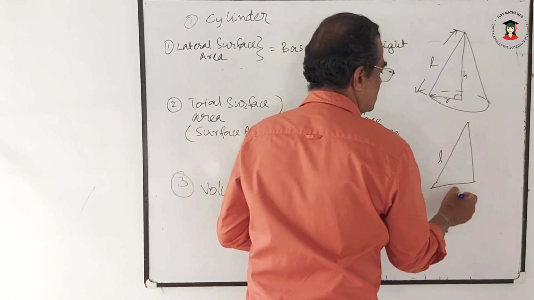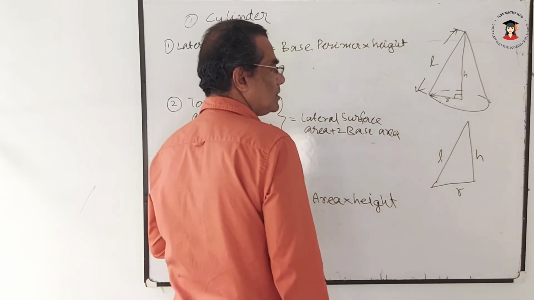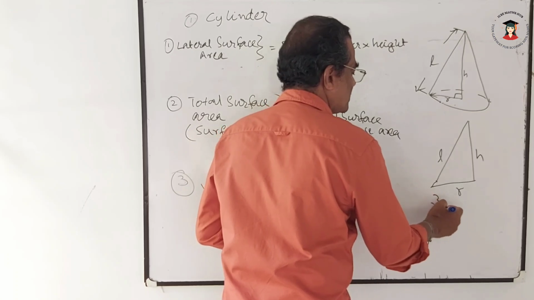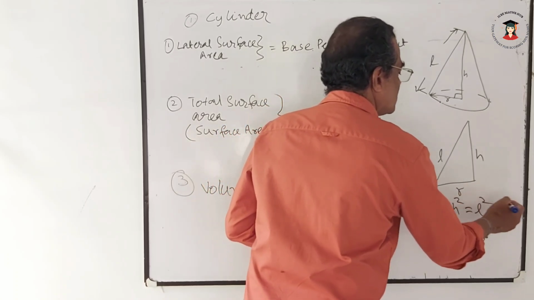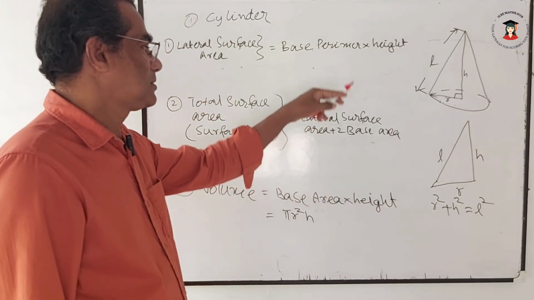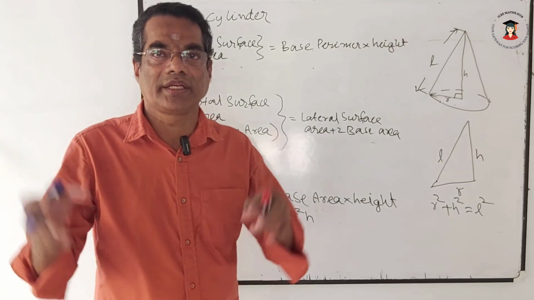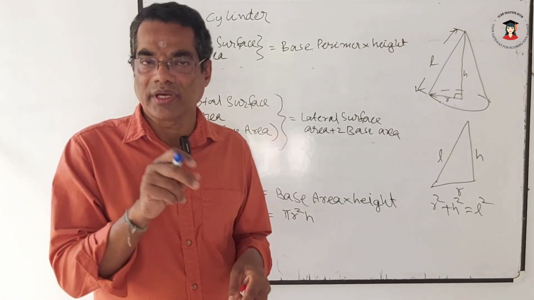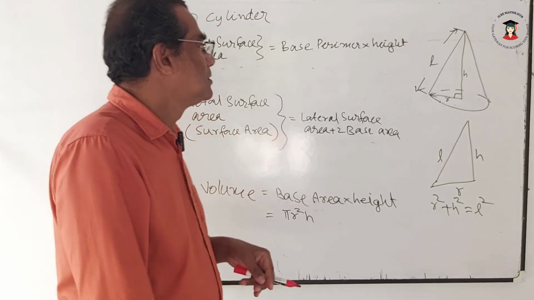This is r, this is h. So r square plus h square, Pythagoras theorem, equals L square. So that relation you should remember. That is, the slant height is the hypotenuse, L square equals r square plus h square.